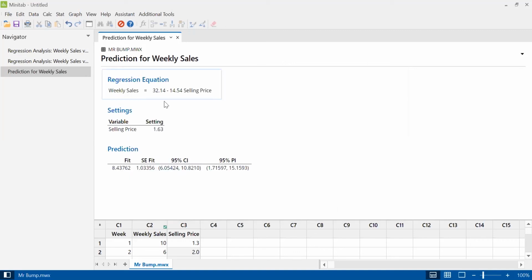We've got the prediction. The predicted selling quantity is 8.437 or 8.44, but what we like is really the confidence interval and the prediction interval reported. So let's go back to the PowerPoint slides and continue our discussion there.